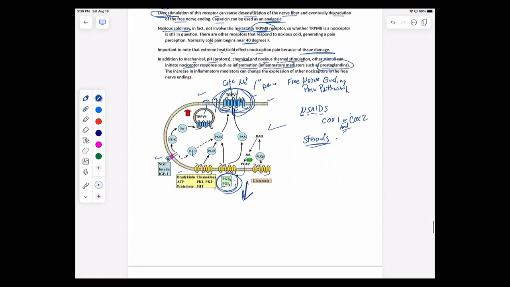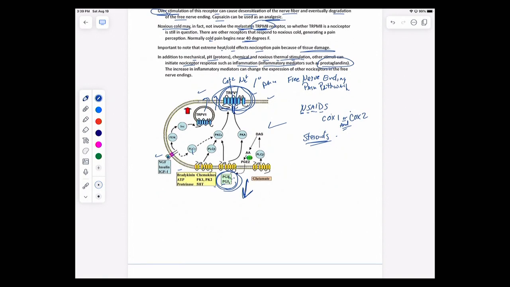There are other medications that are commonly given, or classes of medications that are commonly given to manage pain. One of them is acetaminophen. Okay, and you know that is, of course, Tylenol. That class of drugs actually does not do anything in the peripheral nervous system.